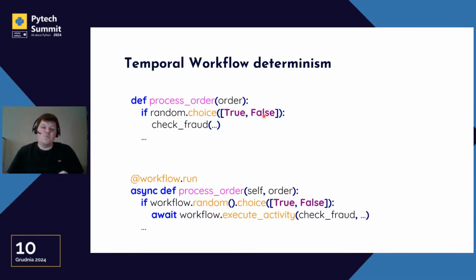If we want to put this code into our Temporal workflow, we need to make it deterministic. That's why we can use workflow.random.choice, true, false, and workflow is just part of Temporal. So we need to import workflow from Temporal in our code.